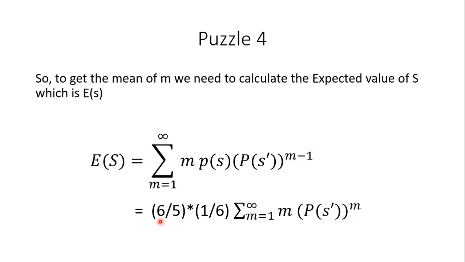In other words, if we want to change the power of P(S bar) from m minus 1 to m, then we have to multiply by 6/5, and that keeps the balance.